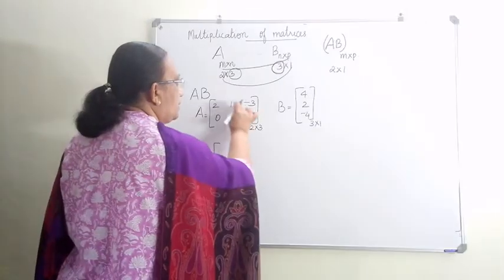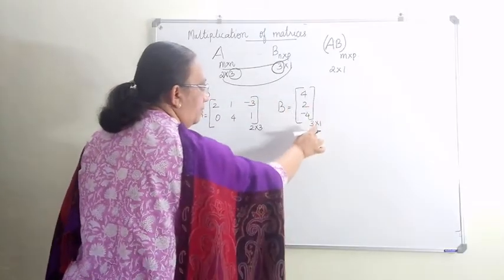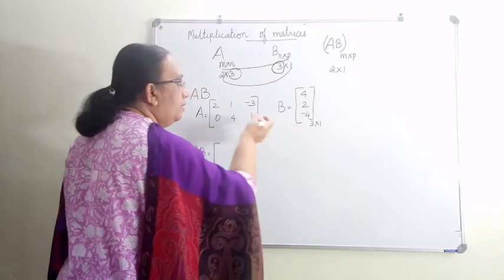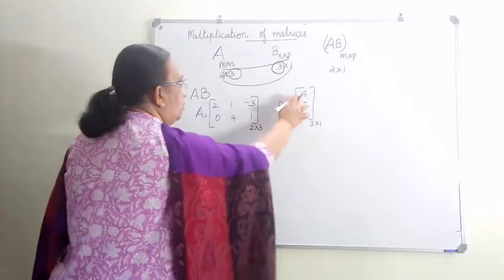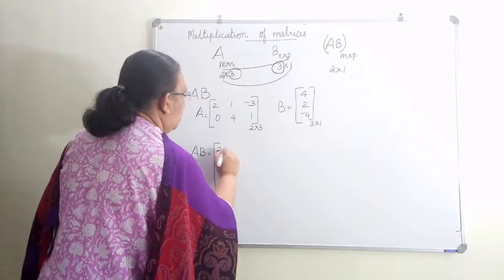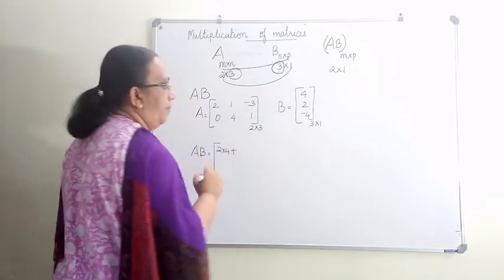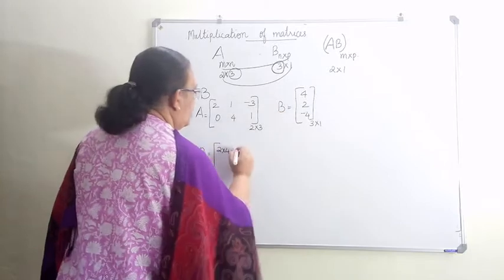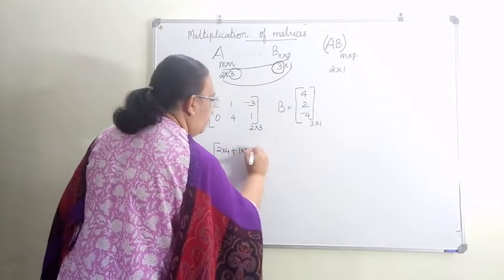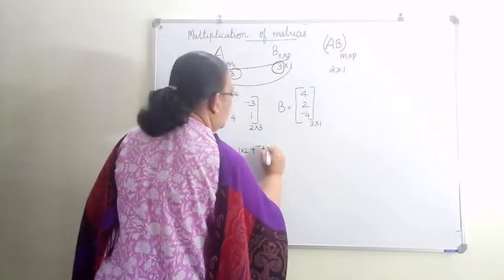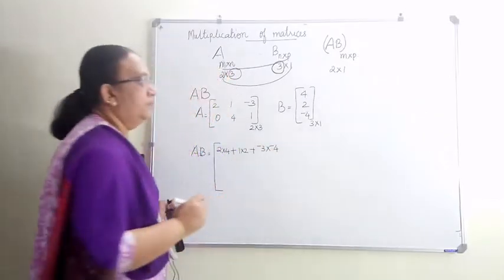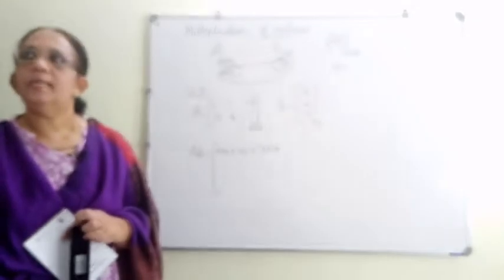In between, you have to put addition signs. I'll show you. 2 into 4 plus 1 into 2 plus minus 3 into minus 4. That will be the first element.